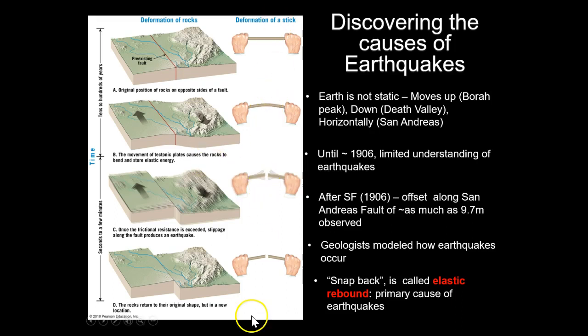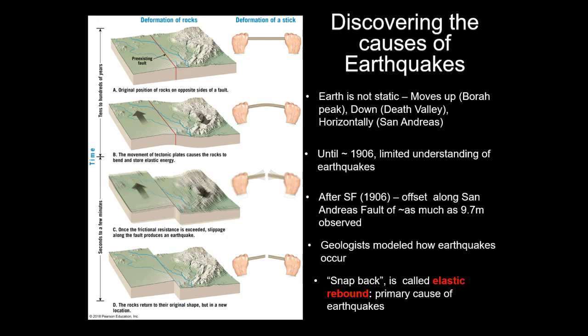So there's going to be some sort of ongoing bending, and there's going to be some frictional resistance, as it's called, right here. Once that frictional resistance is exceeded, there's going to be some slipping at the fault, and that slippage is going to produce the earthquake.